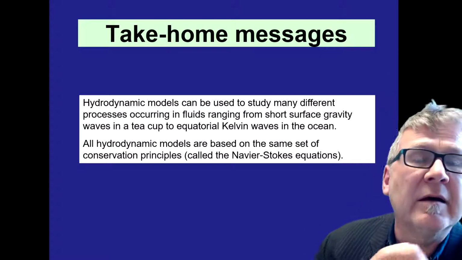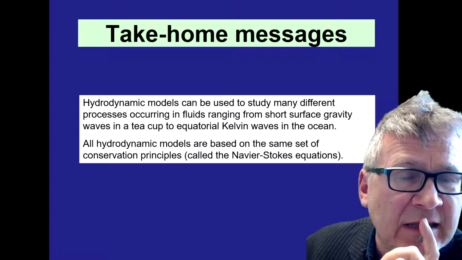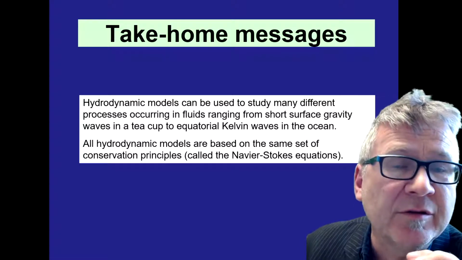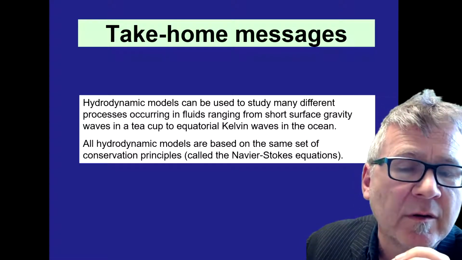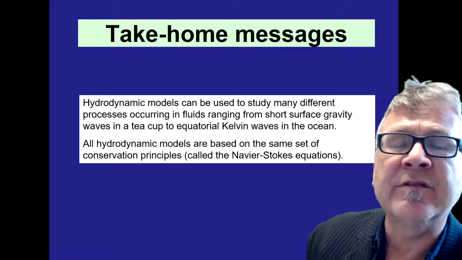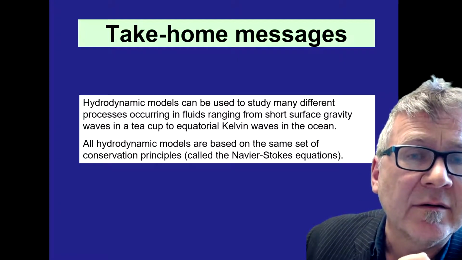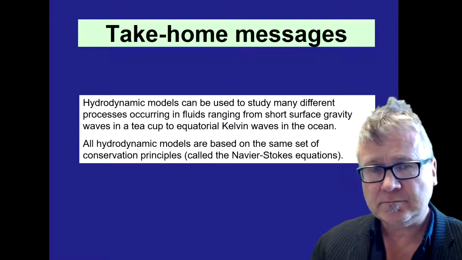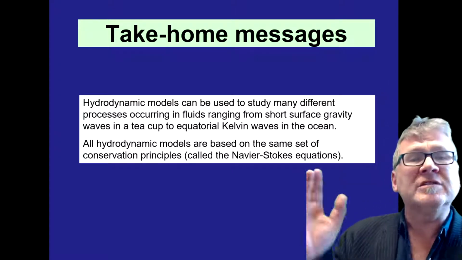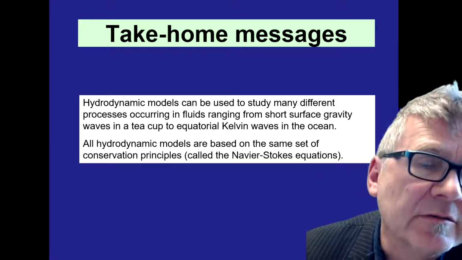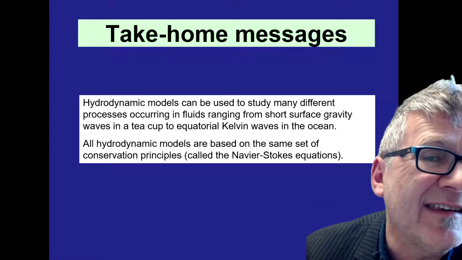The other reason is that the relative magnitude of terms in the Navier-Stokes equations depends on scale. For example, the Coriolis force only comes into action on timescales exceeding 1 day.